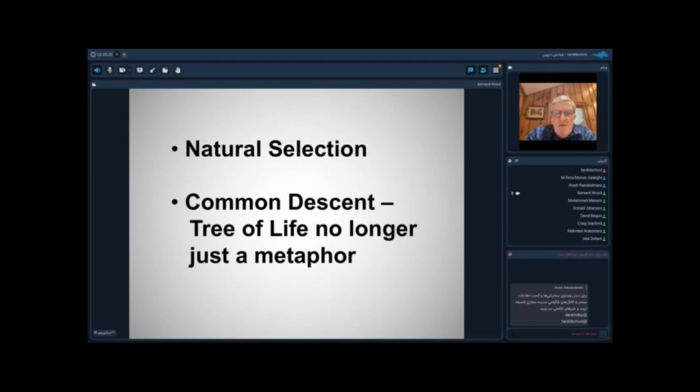The tree of life is an image that I'm sure the people attending today are familiar with in ancient literature. But what Darwin was suggesting was that the tree of life was no longer just a visual metaphor, it was actual.